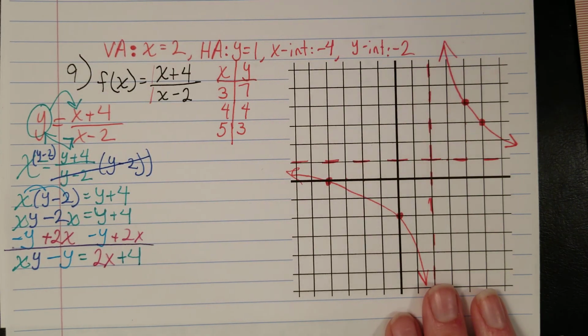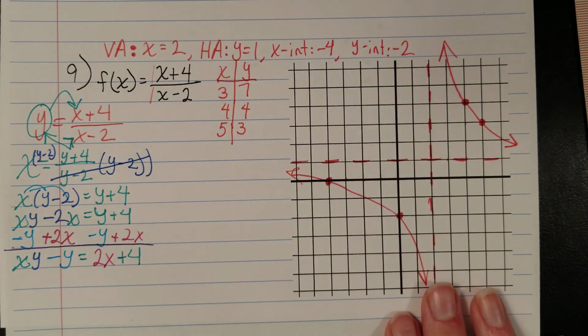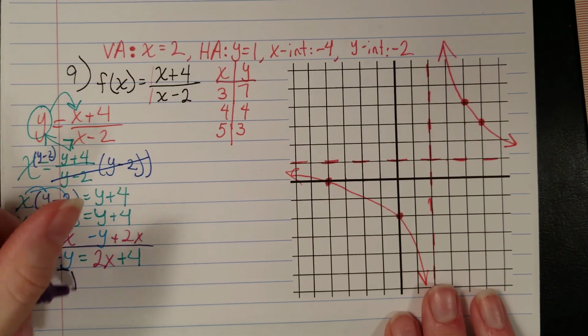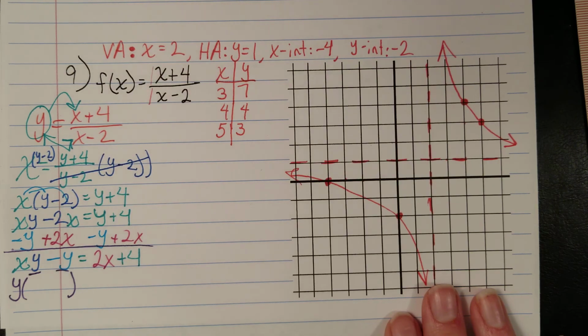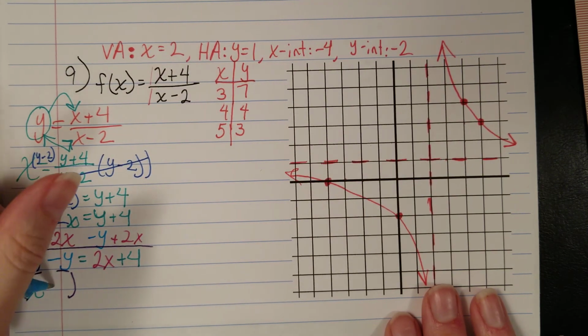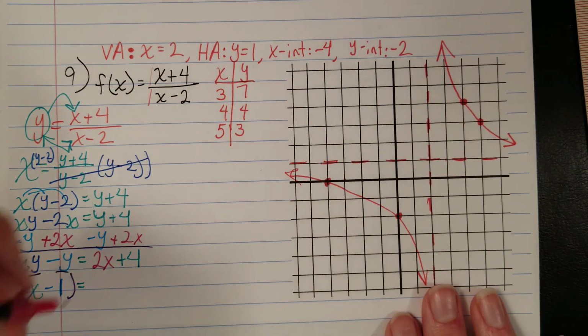Okay, now what I need to do is factor out the y. There's a greatest common factor of y over here. So when I divide that out, I'll be left with x minus 1, because y divided by y is 1. So y times x minus 1 equals 2x plus 4.